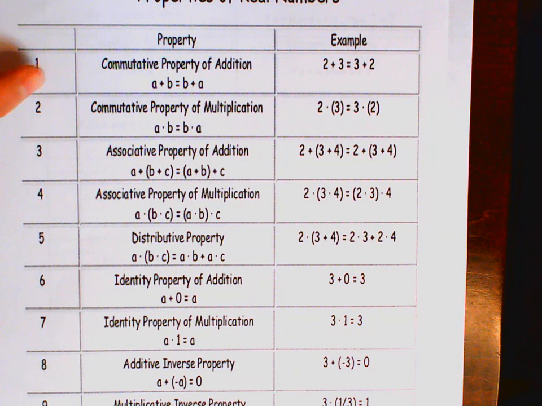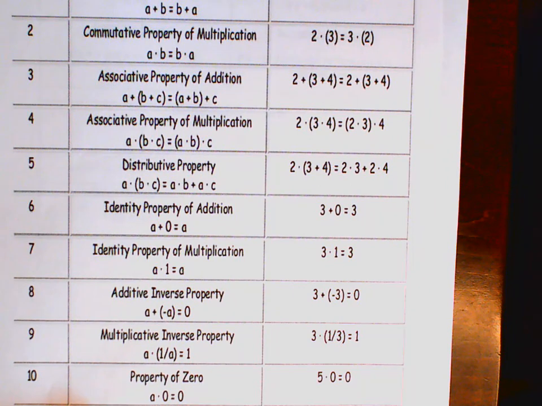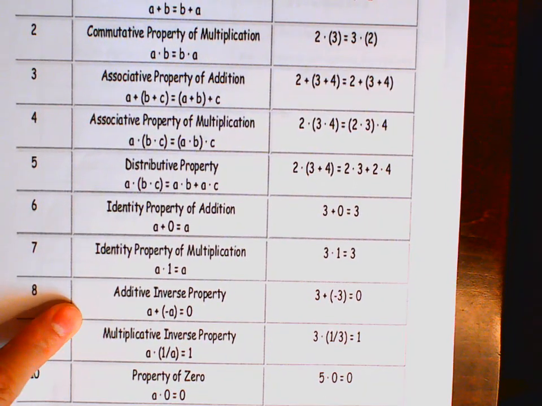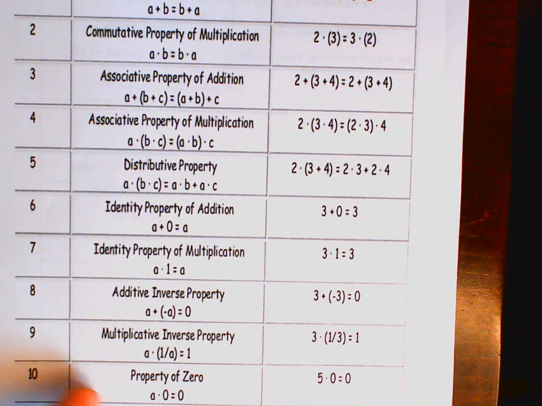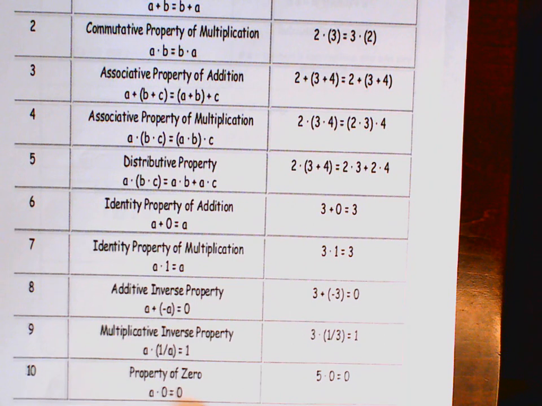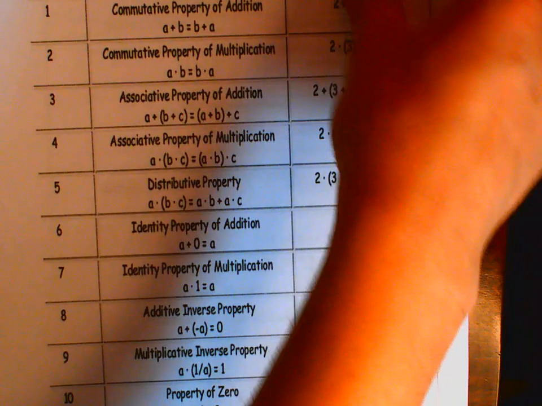So the commutative properties of addition and multiplication, the associative properties of addition and multiplication, the distributive property, the identity property of addition, the identity property of multiplication, additive inverse, multiplicative inverse, and the property of zero, or the zero product property. So please make sure that you familiarize yourself with these properties before you start the lesson.